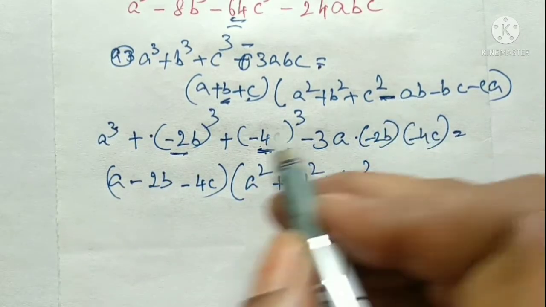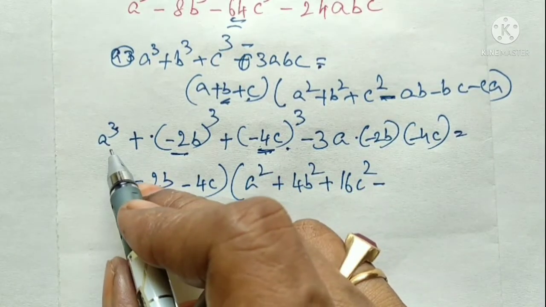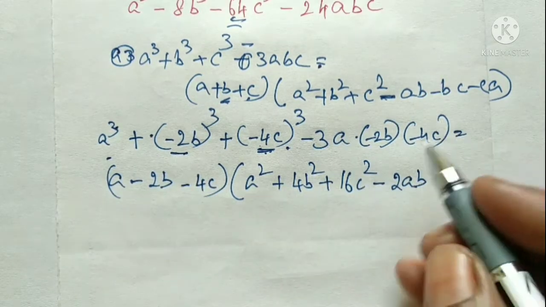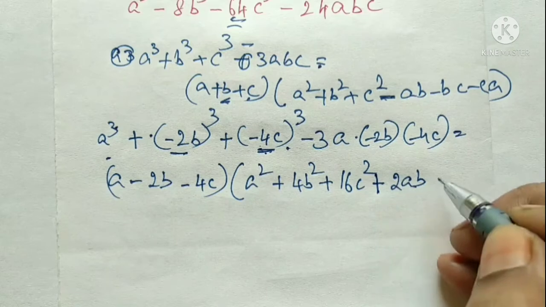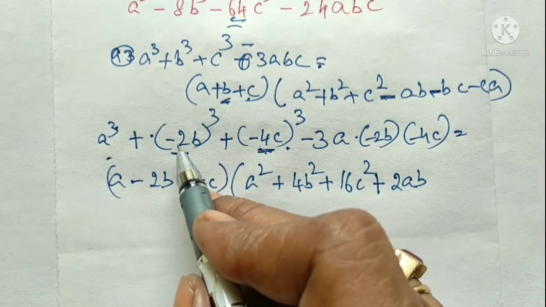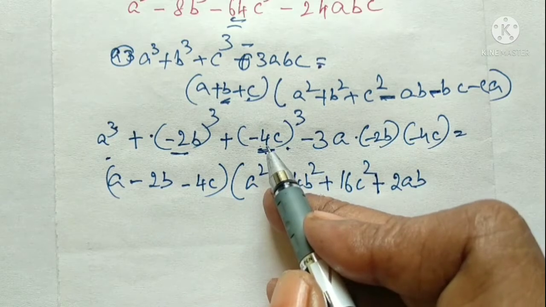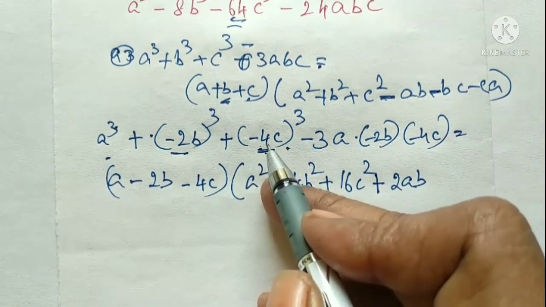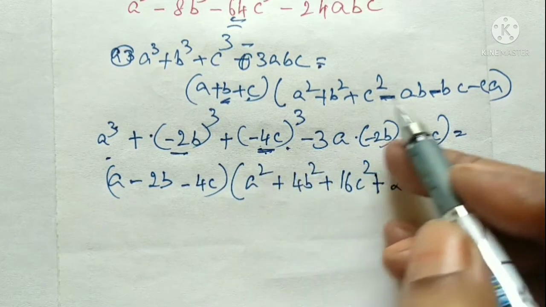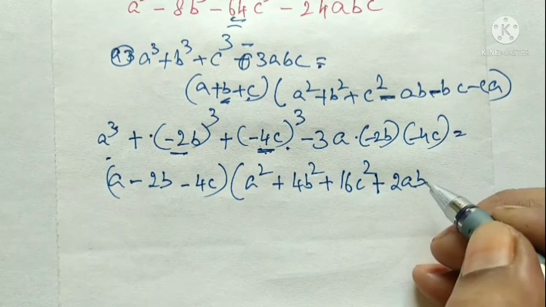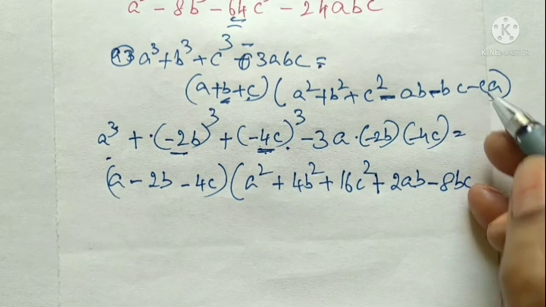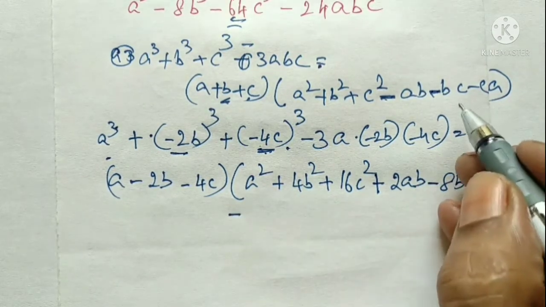This is minus a into minus 2b, means plus 2ab. Minus bc: this is minus 2b into minus 4c, 4 twos are 8, minus into minus plus 8bc. We have a minus sign here, means minus 8bc. Minus ca.